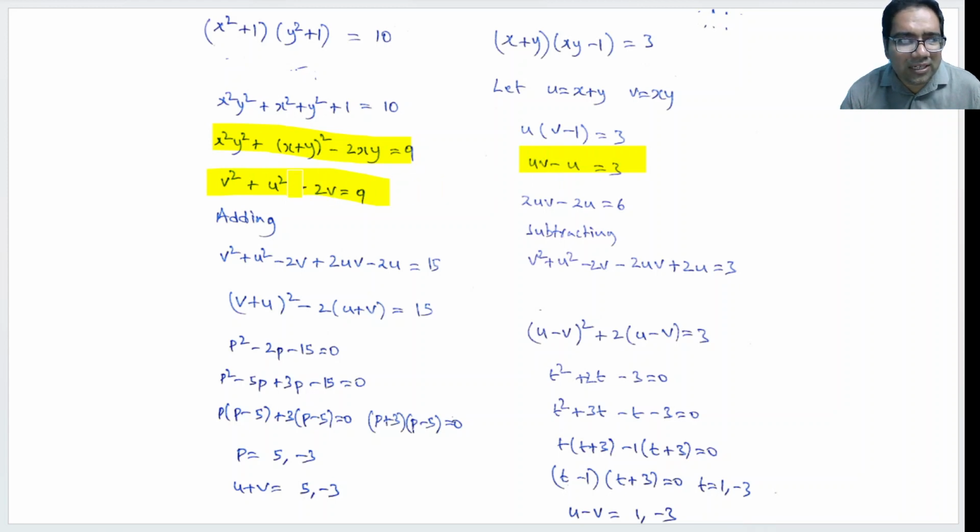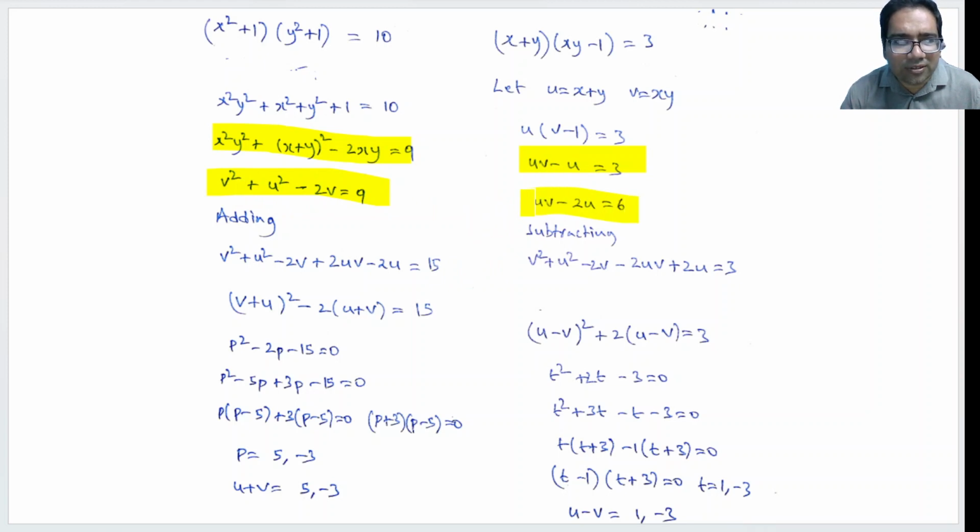Now what do we do? Let us add both of these and also subtract them, left to left, addition and subtraction. If we add this one and this one, what do we get? v² + u² − 2v, plus, sorry, plus 2uv − 2u.